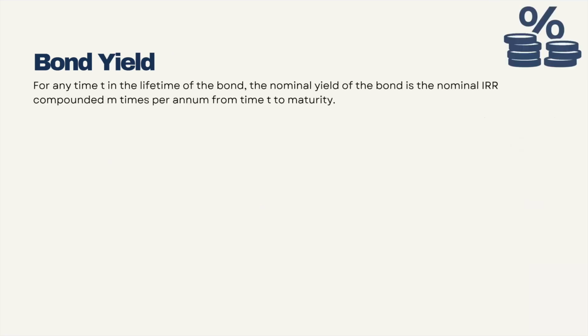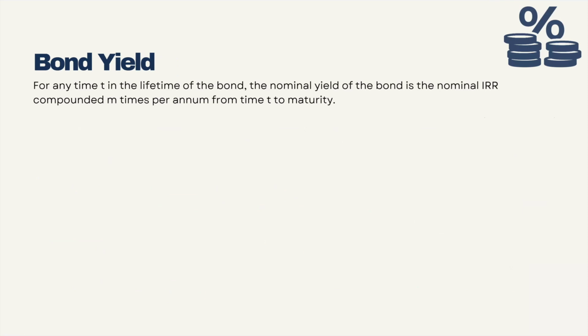For any time t in the lifetime of a bond, the nominal yield of the bond is the nominal internal rate of return compounded m times per annum. In the previous slide, we calculated the price of the bond based on the present value of its payoffs.